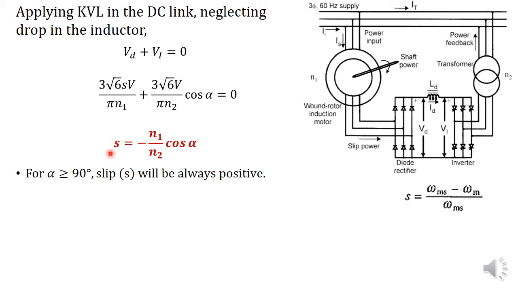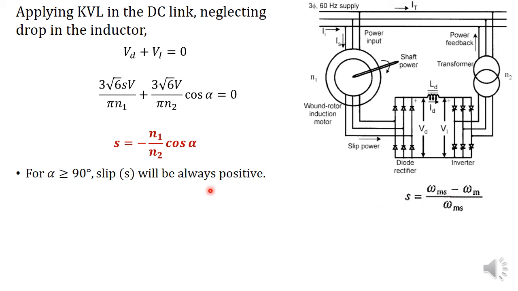And what is the meaning of slip being positive? Positive slip means the speed of the motor is always less than synchronous speed. That means using this drive, we can operate the motor only at speeds below synchronous speed.